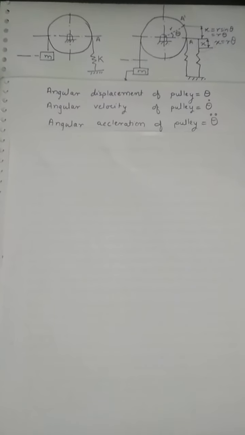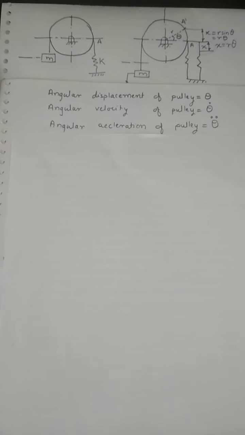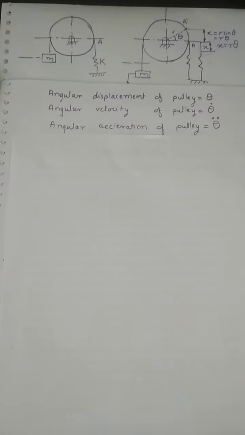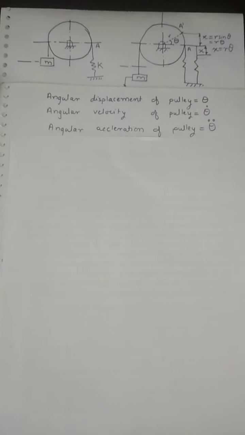It means a derivative with respect to time. If we take d theta by dt, it is equal to theta dot, and if we differentiate again with respect to time, theta double dot represents the acceleration.